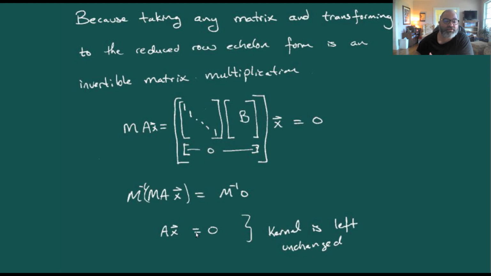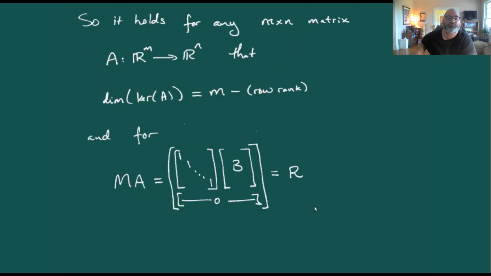And so the kernel of A is equal to the kernel of M times A, our reduced row echelon form. So the kernels are going to be the same.